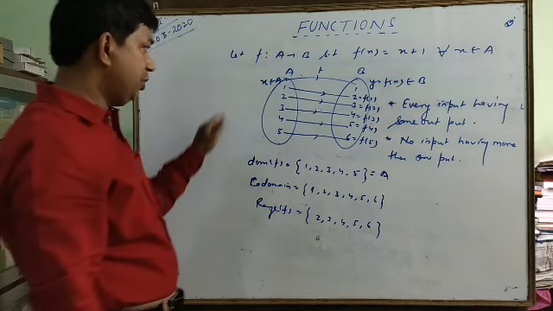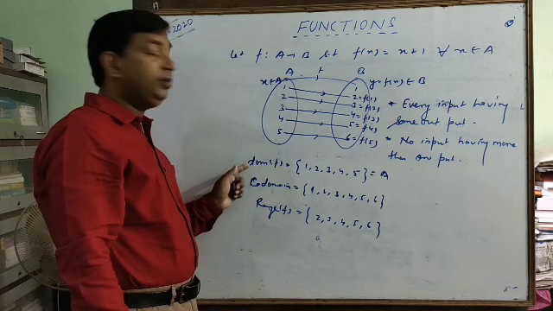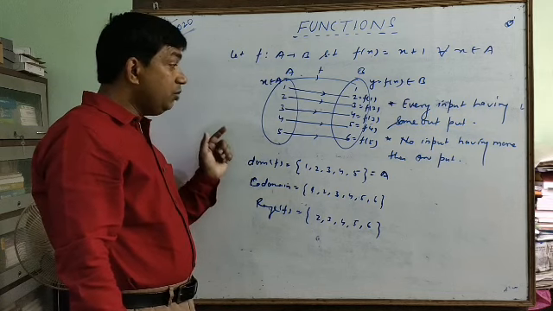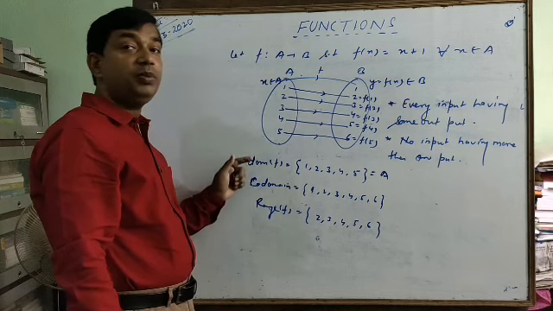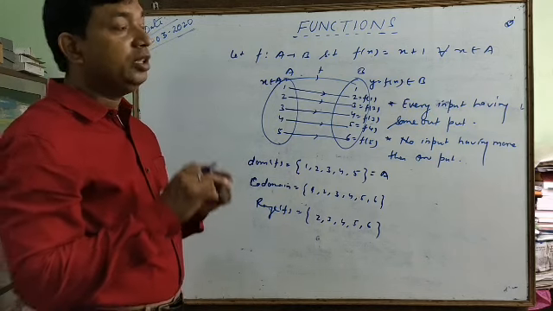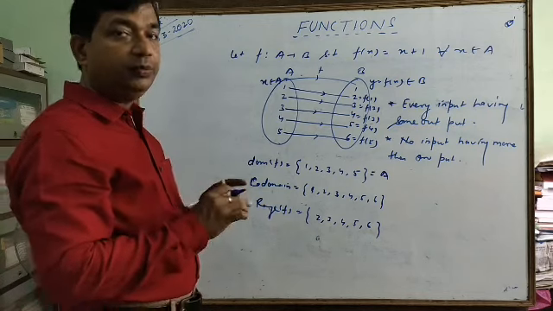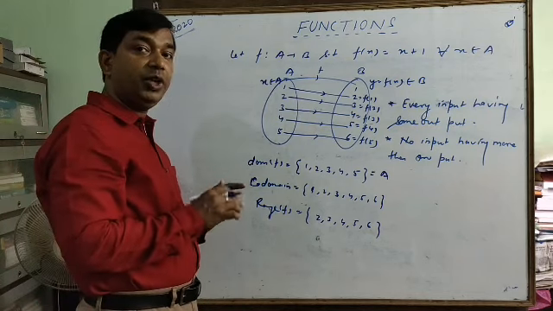So once more, what is domain? What input we can take, that is domain. When we substitute anything through the keyboard, the keyboard is called an input device, this is called domain. What input we can take, that is a domain.